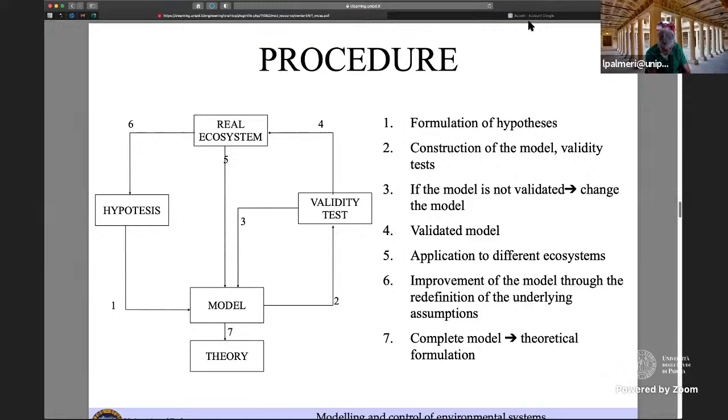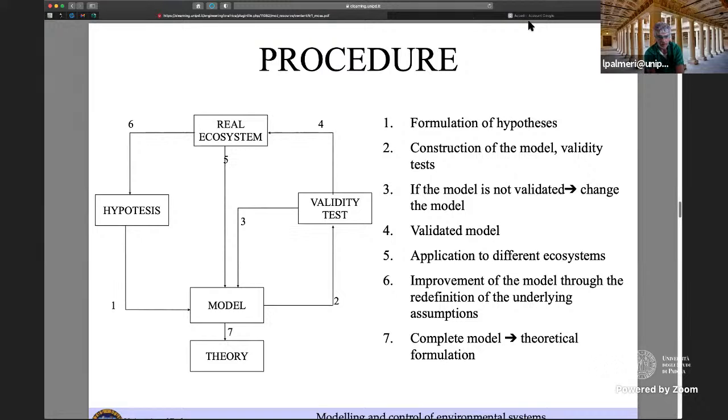Okay, the general procedure for building a mathematical model, or if you want a mathematical description of a real system, is the one that I have tried to sketch in this graph. We start by formulating some hypotheses.